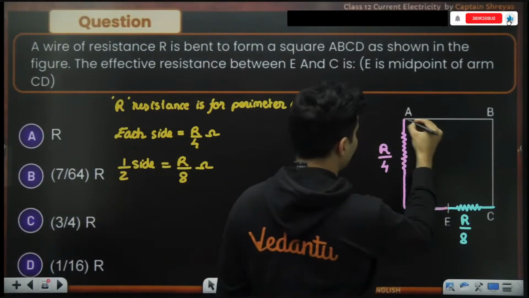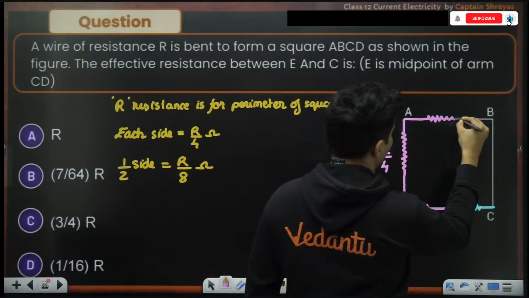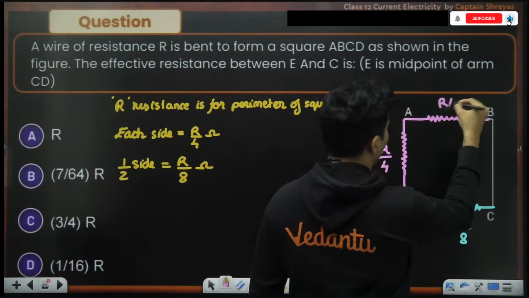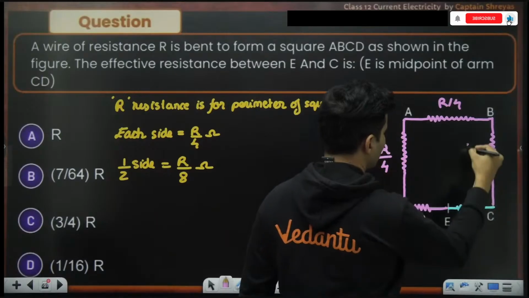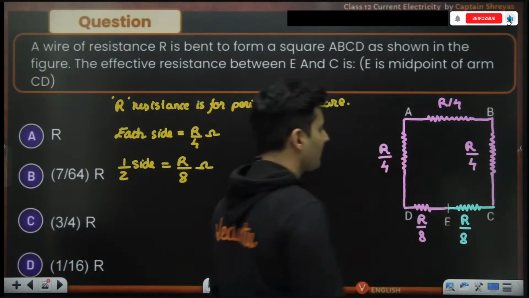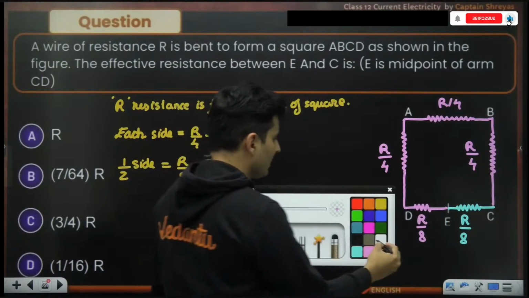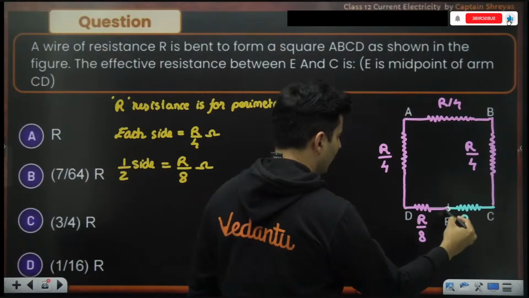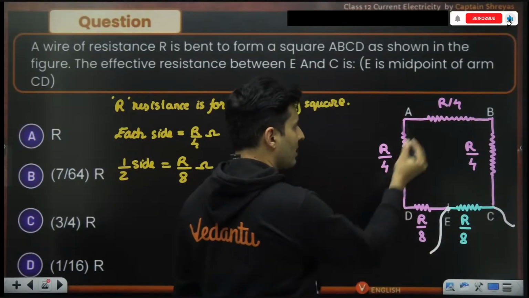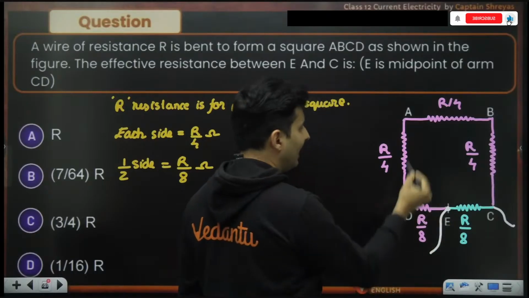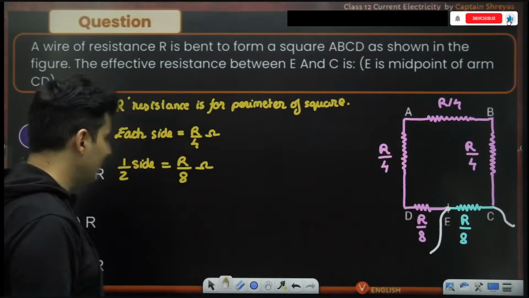R by 4 is each side. This is also R by 4, and lastly, this is also R by 4. Since we have to find the equivalent resistance between E and C, can you notice this R by 8, R by 4, R by 4 and R by 4? One after the other, they are actually in series.